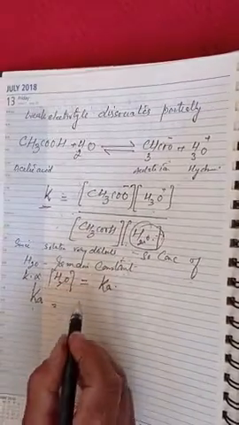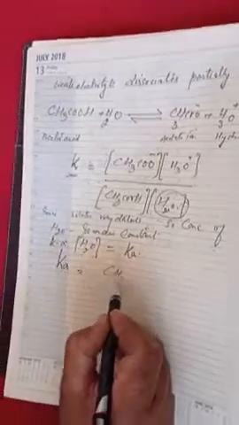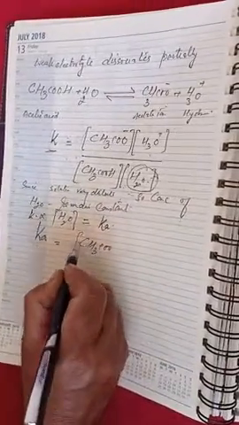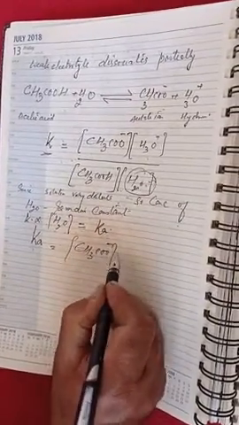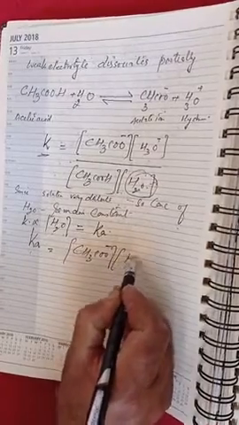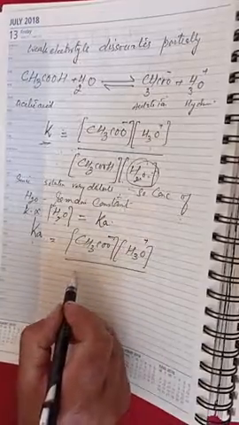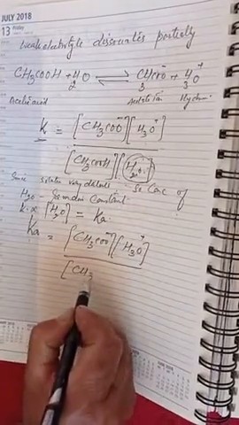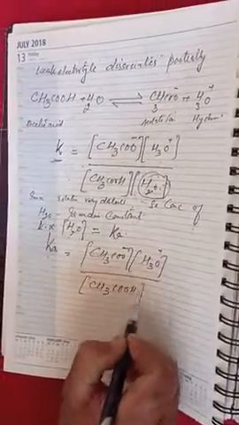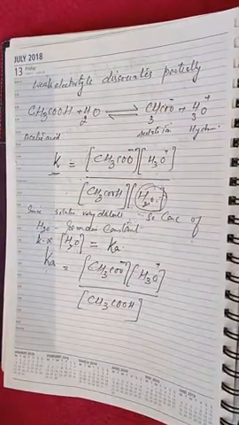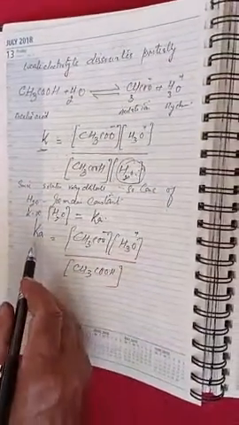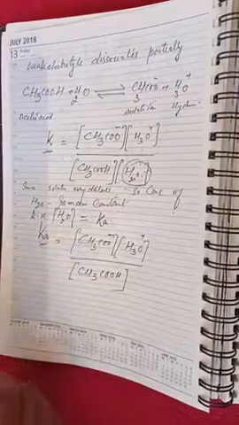Ka is equal to the molar concentration of acetate ions times the H3O+ hydronium ion concentration, divided by the concentration of acetic acid, CH3COOH. This Ka is the dissociation constant of the acid.